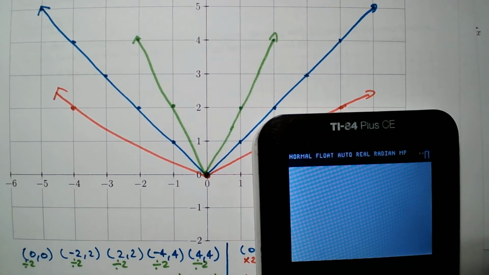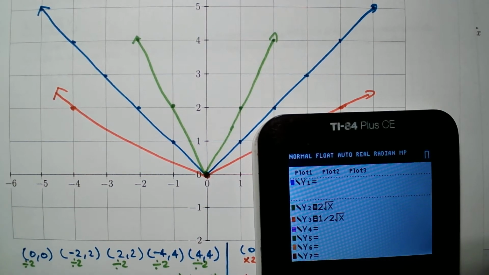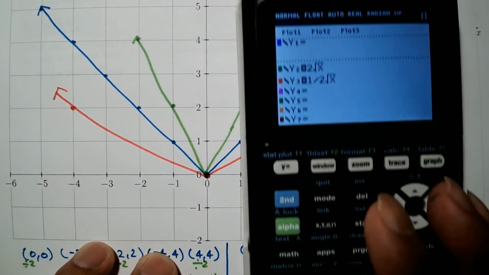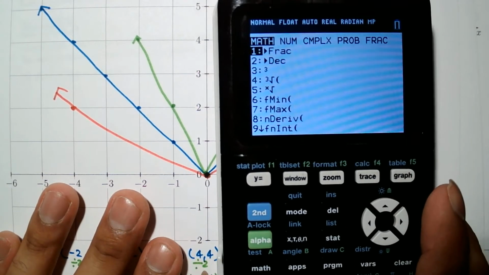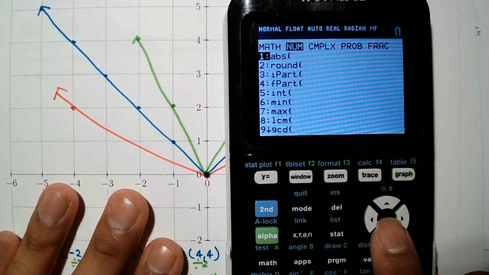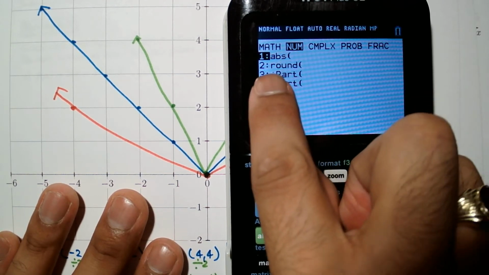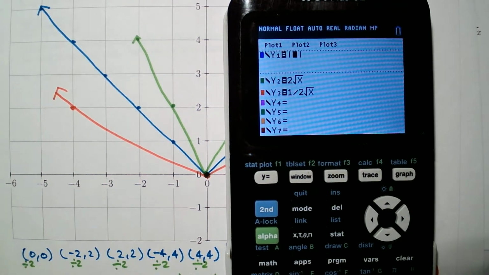Now let's verify this using the graphing calculator. So I'm going to go back to y, but in this case I'm going to use the absolute value operator. By the way, we press math and then click to the right to reach the num menu, and the first one is abs, and then type x.